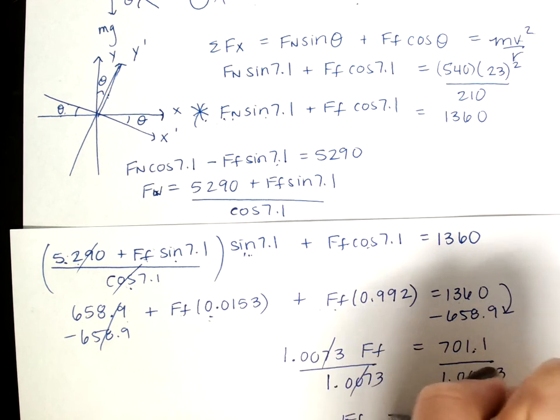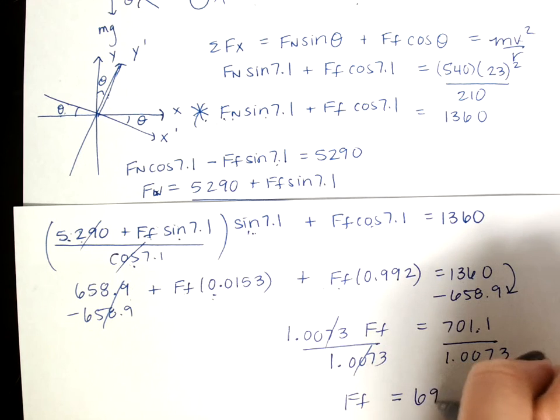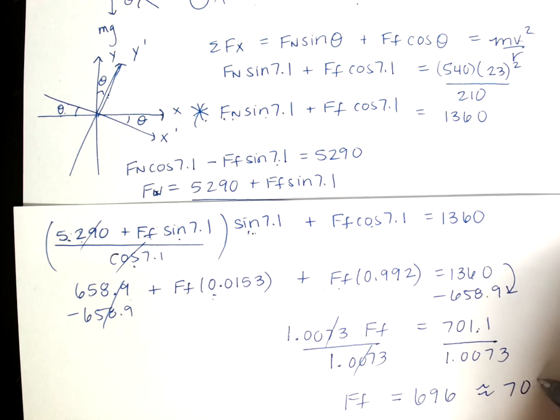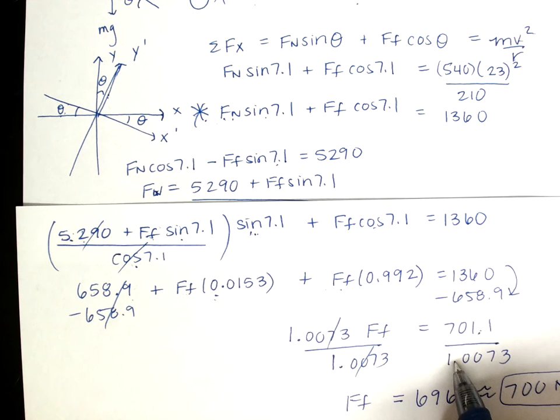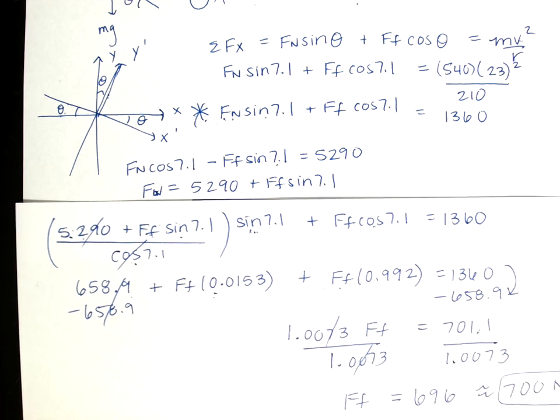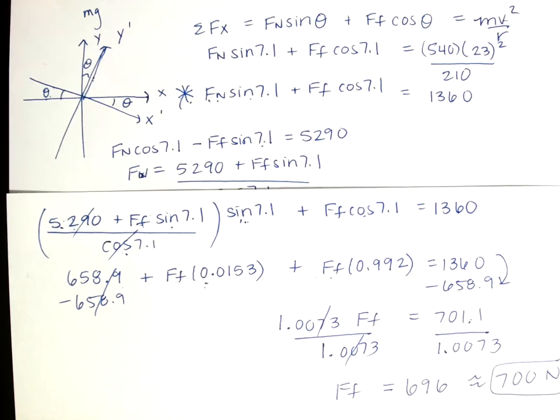You get force of friction is equal to 696. We can go ahead and say 700 newtons. Because if you used 1 instead of 1.0073, you would get 701. So let's round it, 700. Great, now you should be able to do homework 3.